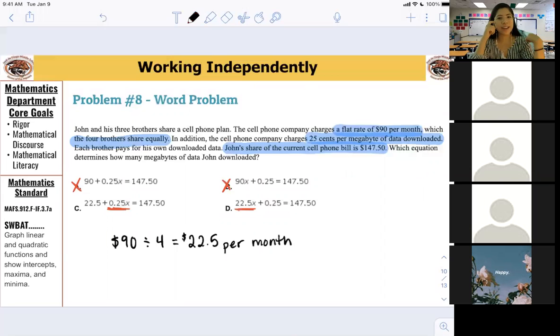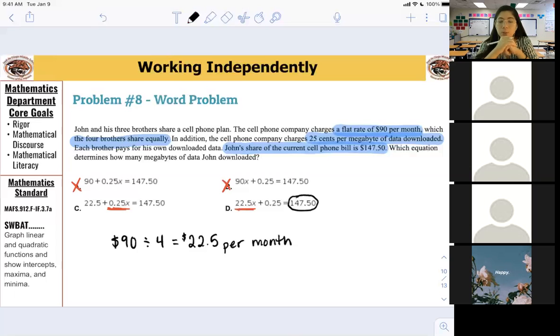Ooh, we're kind of divided. It's a little tricky, so here's where we're going to be very careful. He pays $147.50, right? Is that number going to be for 1 month or for like 1 year or 1 day? What do you guys think? 1 month.